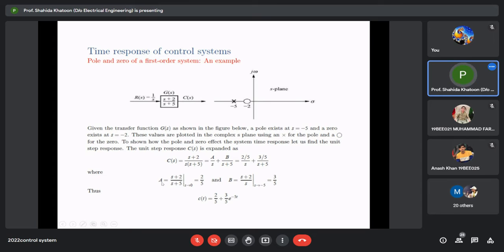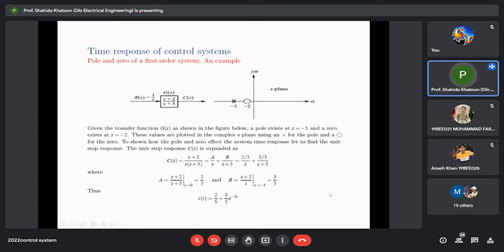You take s plus 2 upon s plus 5 and substitute s equal to 0, because for this factor we don't take this. For this we'll take s equal to minus 5, and for this we'll take the limiting value for s equal to 0. So A is basically 2 by 5 and B is basically 3 by 5.